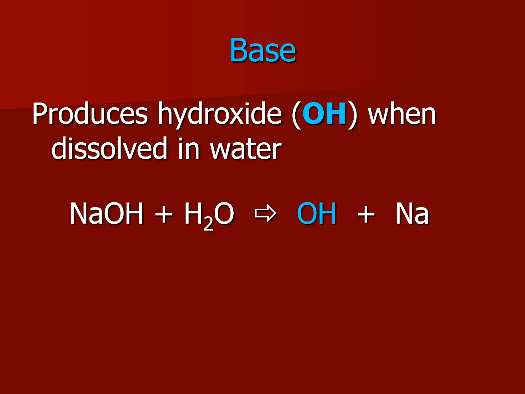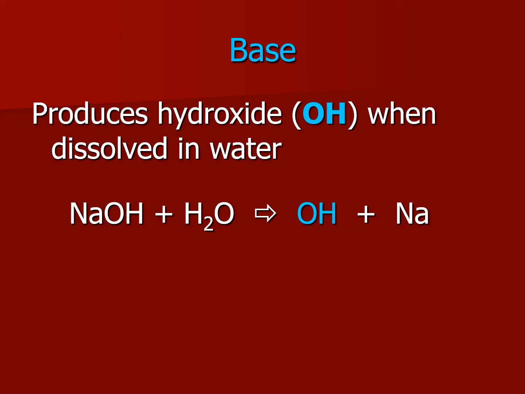When you take a base of any kind and you mix it in the water, instead of producing the hydronium, it produces an OH, which is called a hydroxide. You remember that's also one of our polyatomic ions that we had to play with. And if you look at the chemical equation down at the bottom, we've got NaOH, okay? I had a chemistry teacher tell me one time that anytime you see a compound that's got that OH on the end, there's a very good chance, more than likely, that it is some sort of a base.